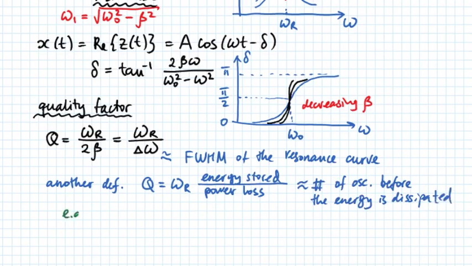For example, a tuning fork has Q of about 1000. A superconducting RF cavity has a Q of about 10 to the 10.